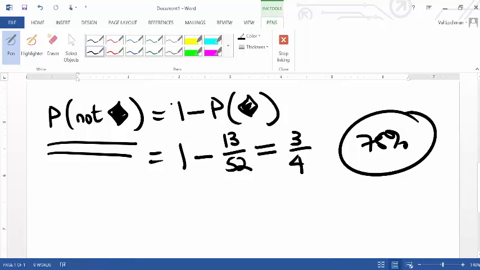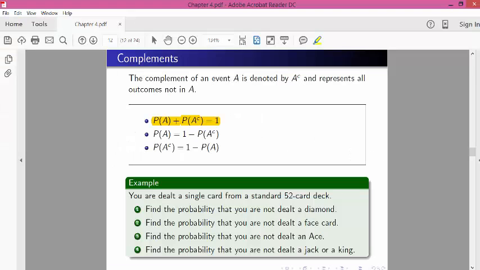This one you don't really have to. You can just do it by common sense, right? If it's not a diamond, then the other 3 suits are there, so that's a 75% chance. But this is how you would use the complement rule.